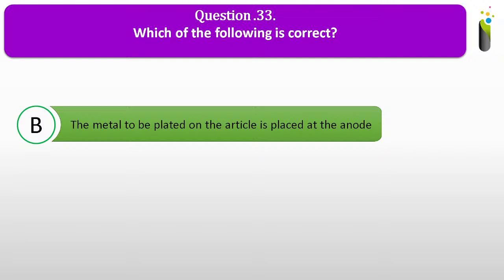So what should be the answer? The answer is B. The metal to be plated on the article is placed at the anode.